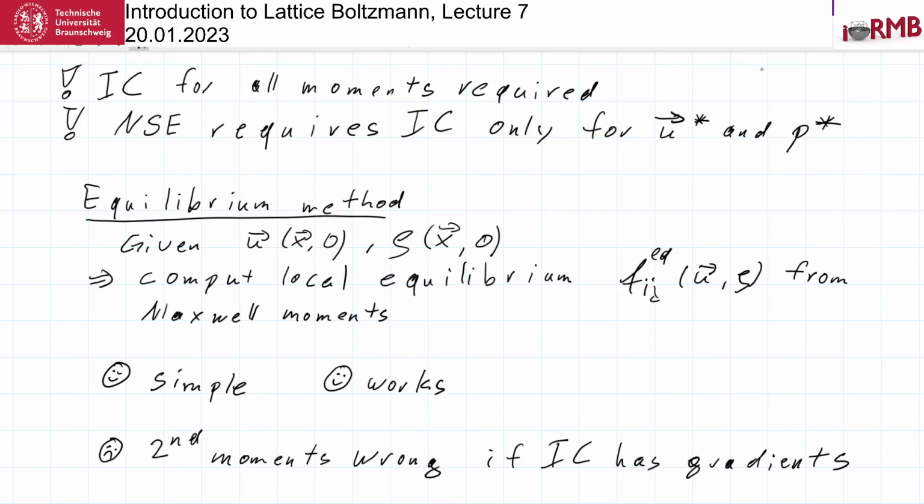So why does it usually make sense to still use equilibrium initial conditions in many cases, or in what cases? Well, what you're often interested in is the long time behavior, right? Or a steady state, or behavior after a long time. So you take into account that the beginning of the simulation may not be physical. Then you can set these equilibrium conditions. But there are cases where the timing is very important.